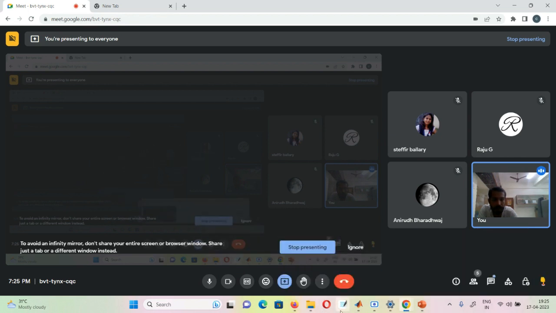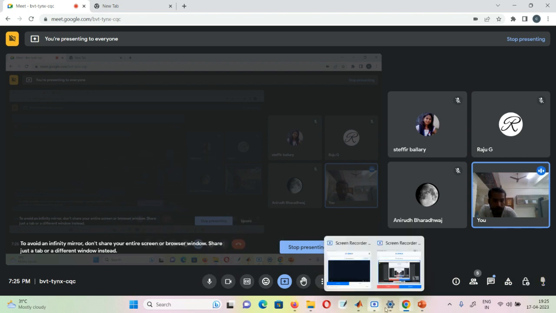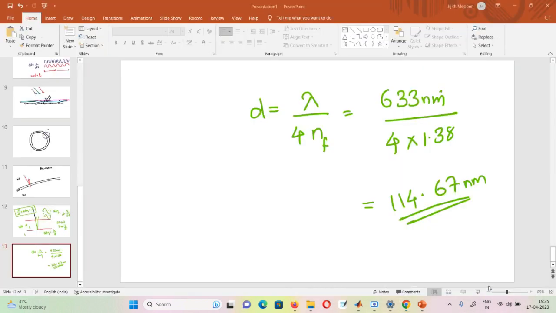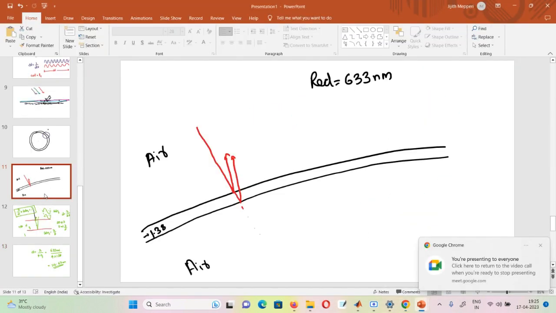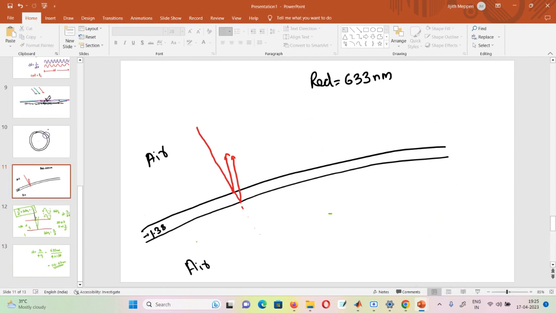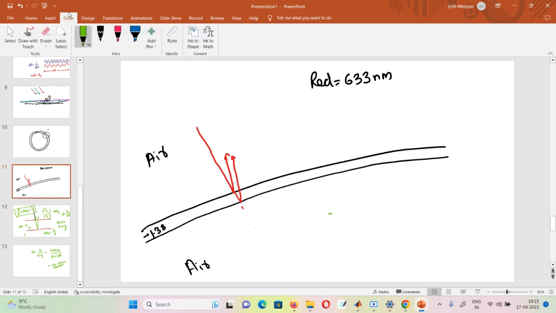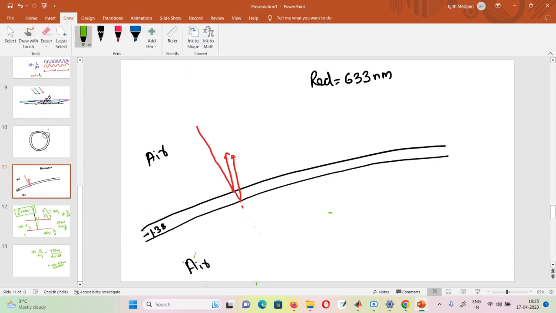Just think that in the same condition, if this third layer is not air, if it is some glass, what will happen?